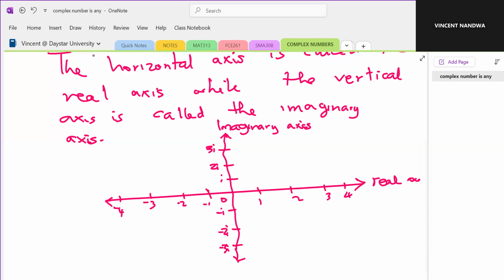The vertical axis has labels of imaginary numbers, and the horizontal axis has the usual real numbers that define the complex number.